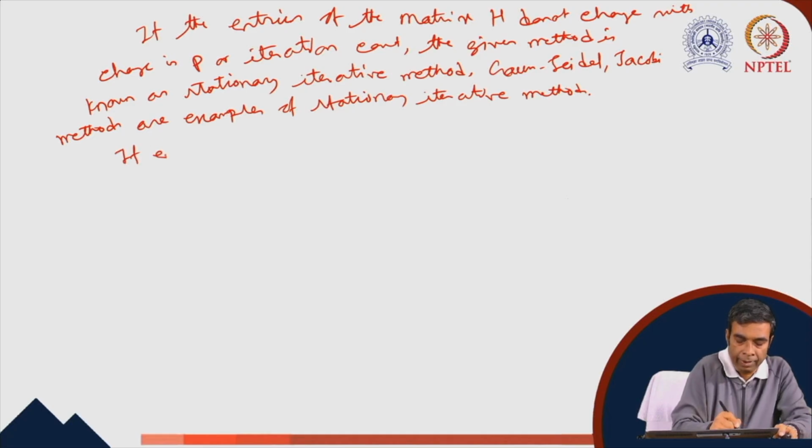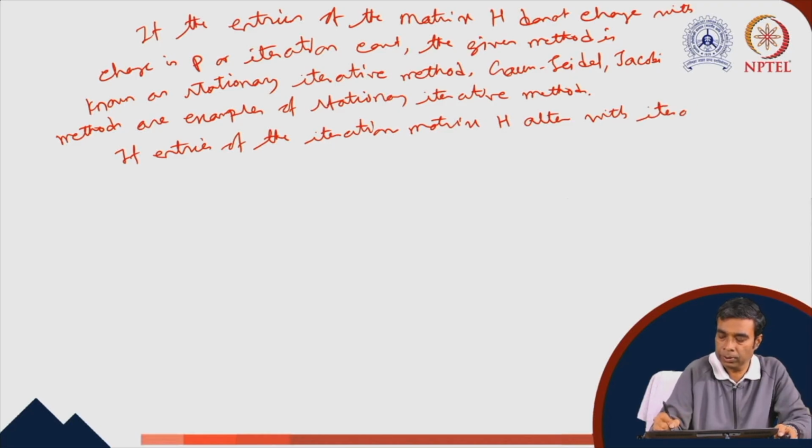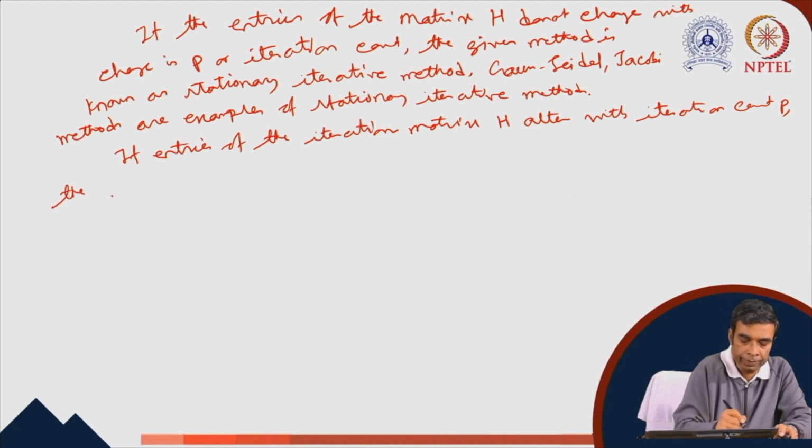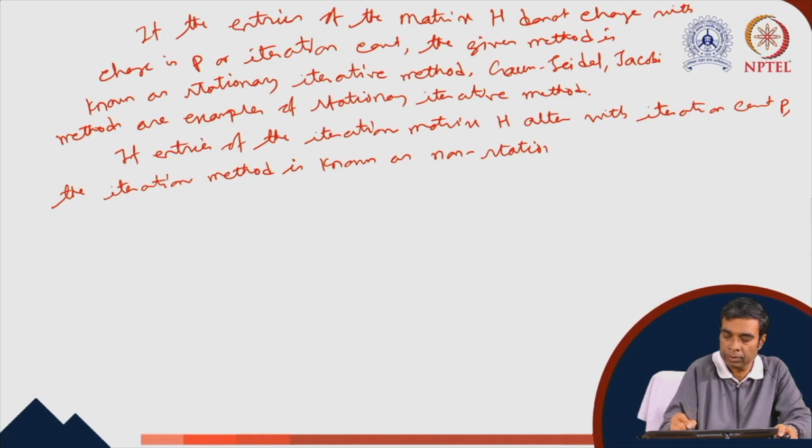If entries of the iteration matrix H alter with iteration count P, the iteration method is known as non-stationary iterative methods.